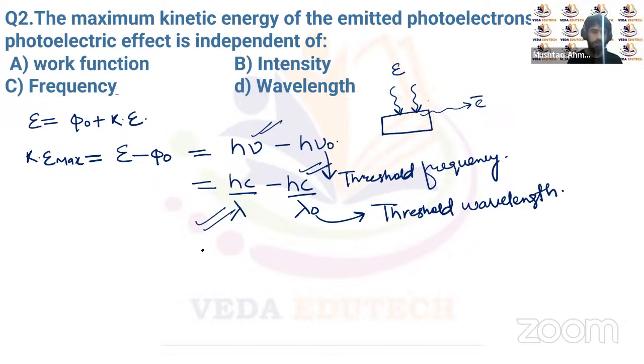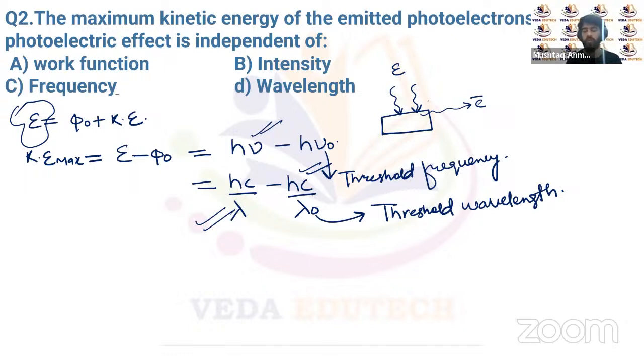But the maximum kinetic energy of the photoelectron will only depend upon the incident energy, because the source of the energy for this electron is the incident energy, and this energy only depends upon the frequency, or we can say the wavelength. The maximum kinetic energy cannot depend upon the intensity.